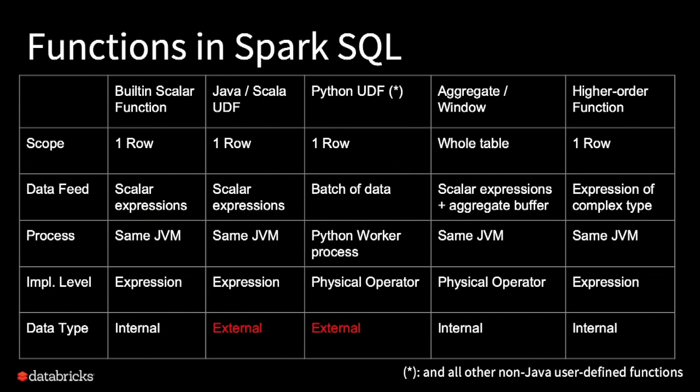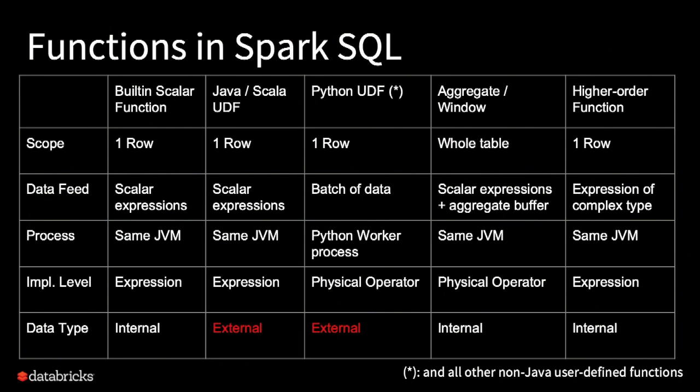For instance, a Python UDF might just be feeding a row at a time from this batch, but then a Pandas UDF, which we'll be covering later, actually feeds a whole batch into the UDF implementation. And that's something to note as well. By virtue of feeding in a whole batch, that again is going to take more than a row from the input.